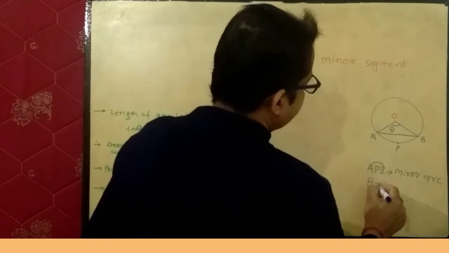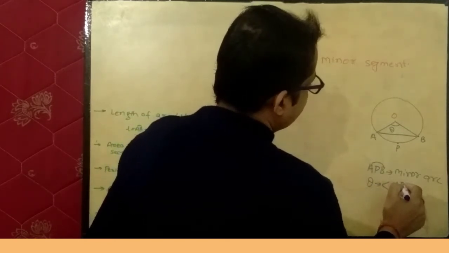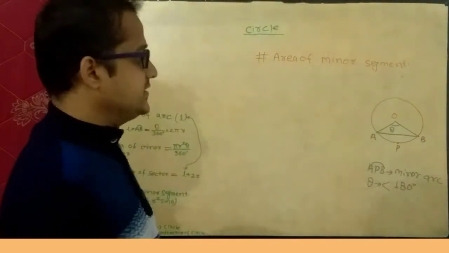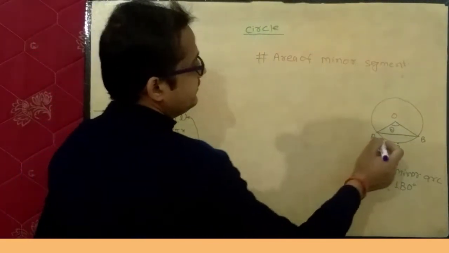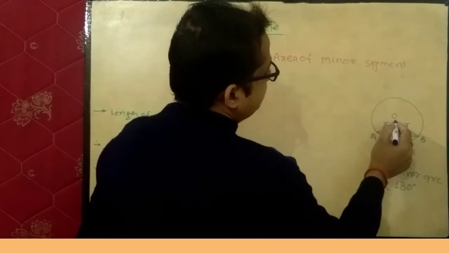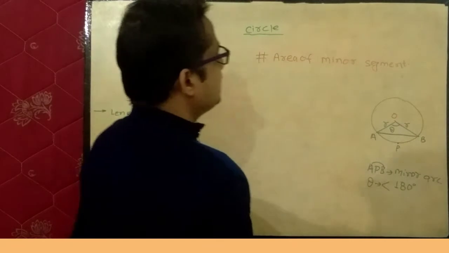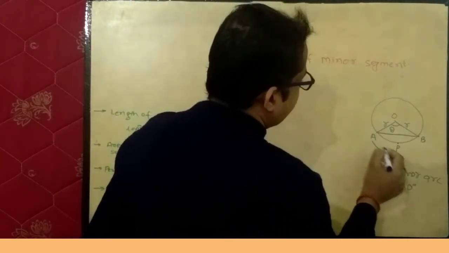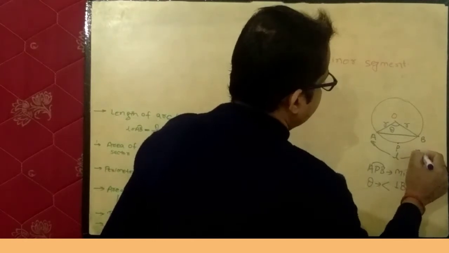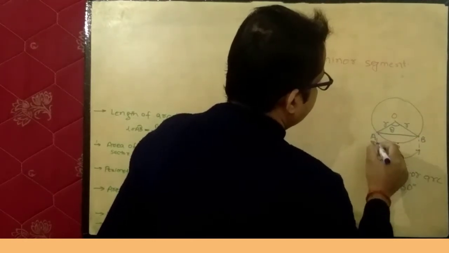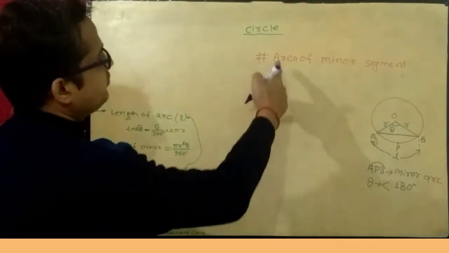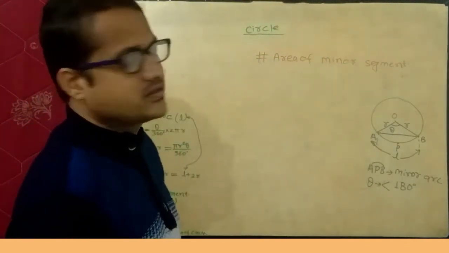So theta is less than 180 degree. That's why this arc AB is minor arc, and this is OA equals to r, and this OB equals to r. And suppose this arc length APB is small l. Now we have to find out area of minor segment.